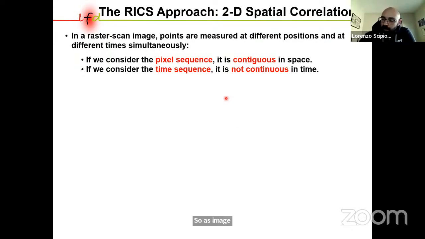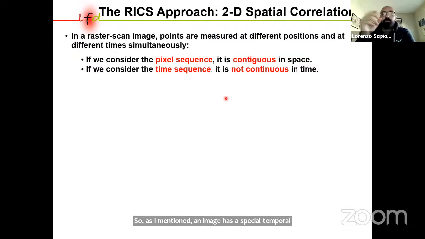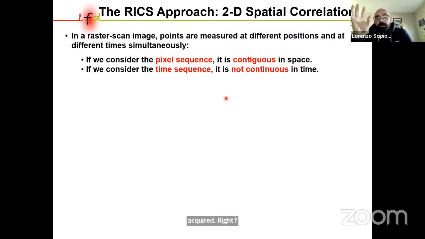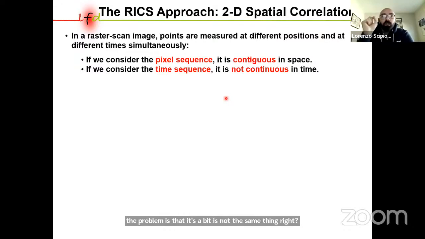As I mentioned, an image has an underlying spatiotemporal structure that is due to the way it is acquired. The problem is that space and time are not the same thing. If you take one pixel, the pixel to the right, the pixel to the left, the pixel to the top and the bottom, they're at exactly the same distance, because that's how the scanning works.